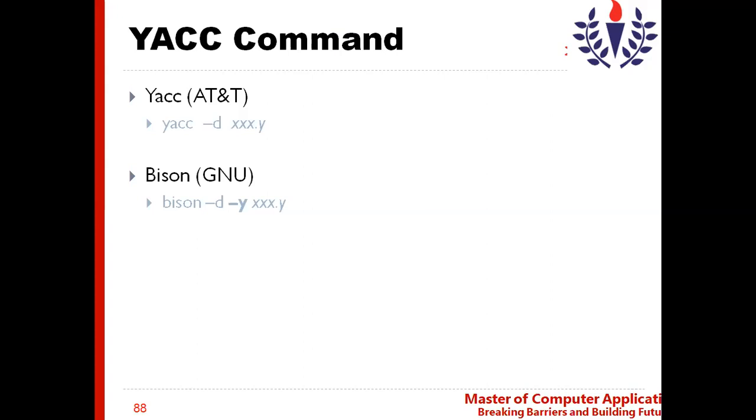From AT&T, we have Yacc, which uses yacc -d when you create the C file from the Yacc. Similarly, from GNU, we have another version, that is Bison. When you use Bison, we have different options which are used with the Yacc program. So based on the vendors, we can use different versions of the Yacc commands.